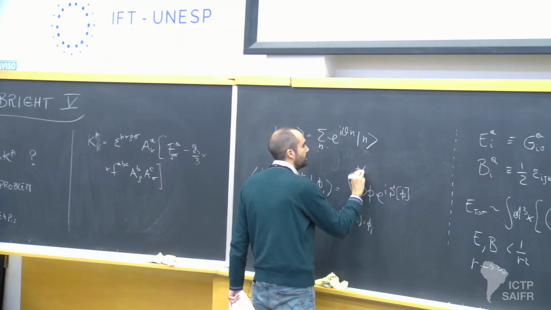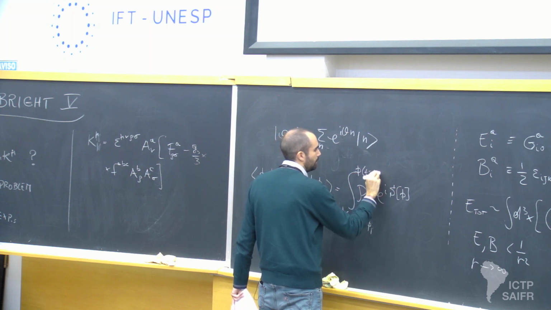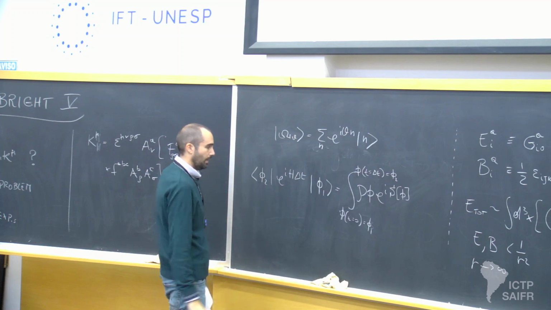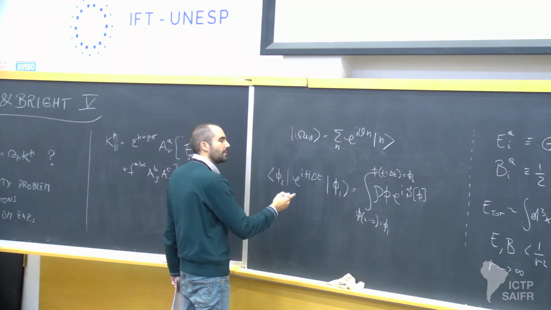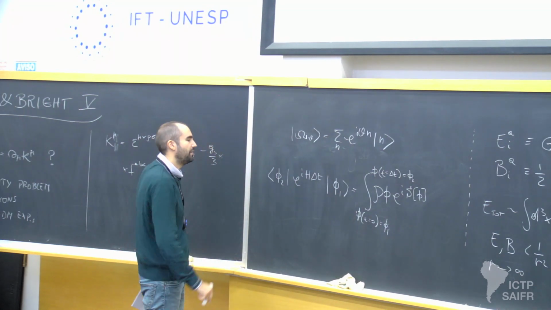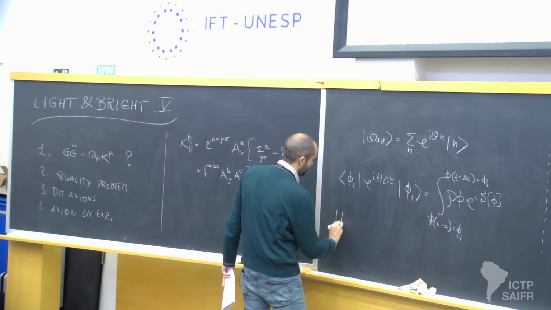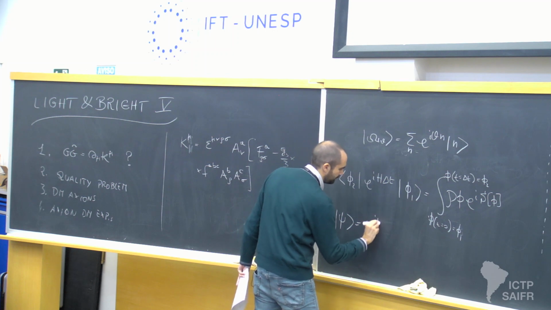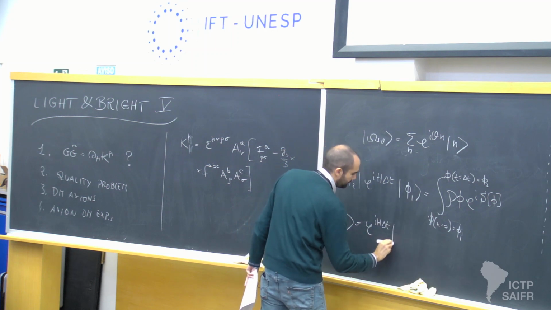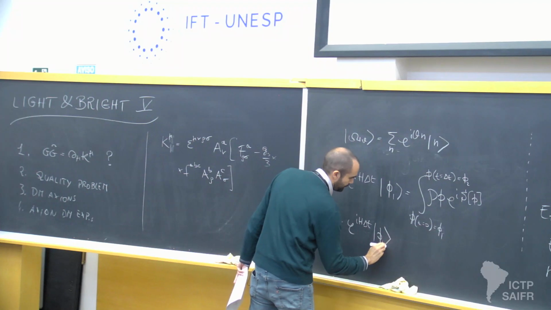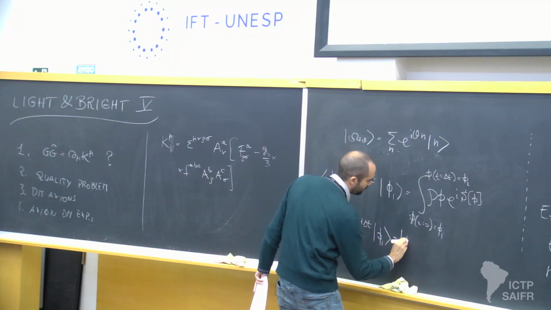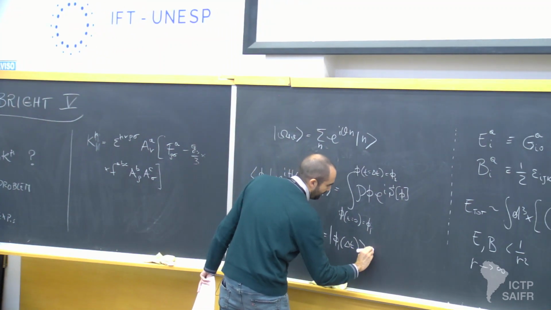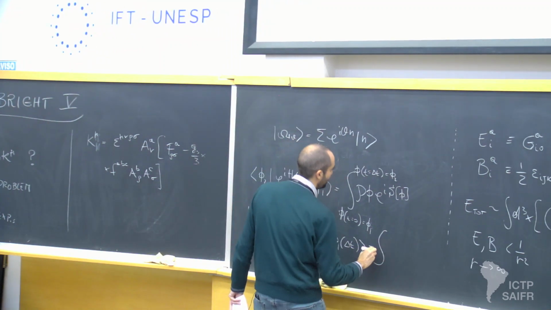And at t equals delta t it is at phi 2. But nothing stops us from defining a formal object, a state, which, if you want, is the initial state evolved in time, as a path integral with an open boundary condition.